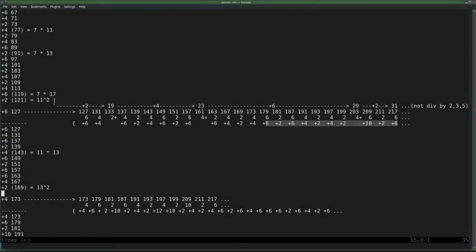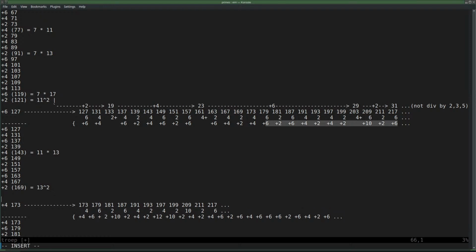We are going to look for the things that are divisible by 11. Because this one was 7, right? The next one is 11. What is 11 times something? So 173 divided by 11 is 15. 16 times 11 is 176, which is not here.